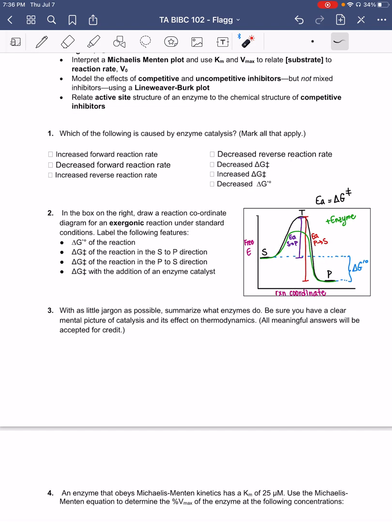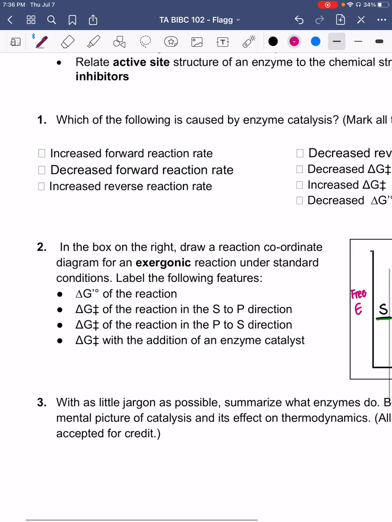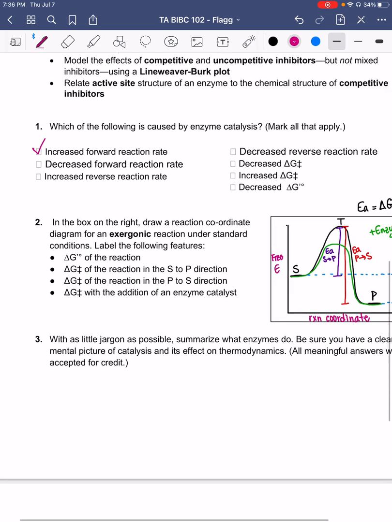So the 3 things that the enzyme would do, at least within this question, is to increase the forward reaction rate. And let me draw that in. We'll go with pink. So it will increase the forward reaction rate by reducing the activation energy.